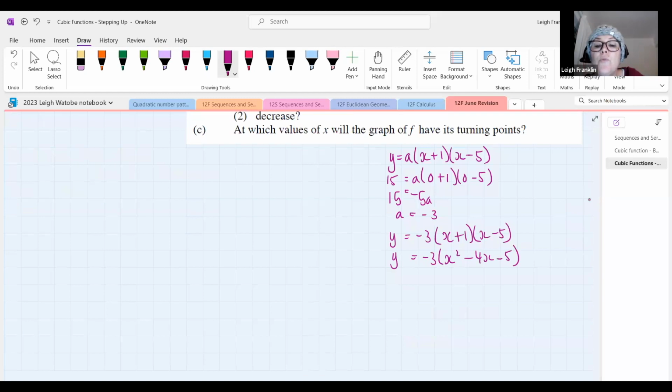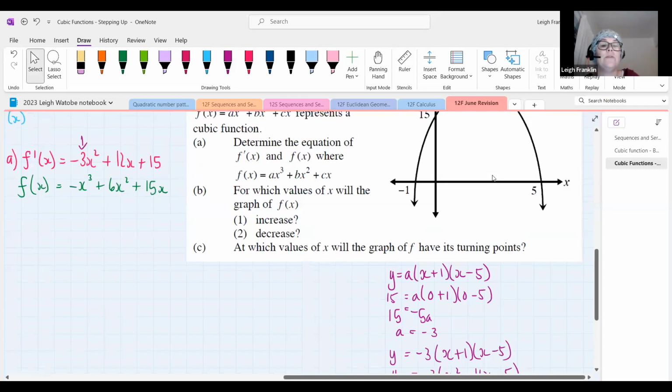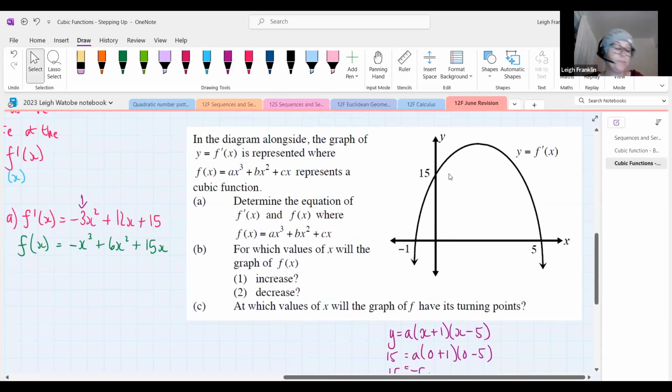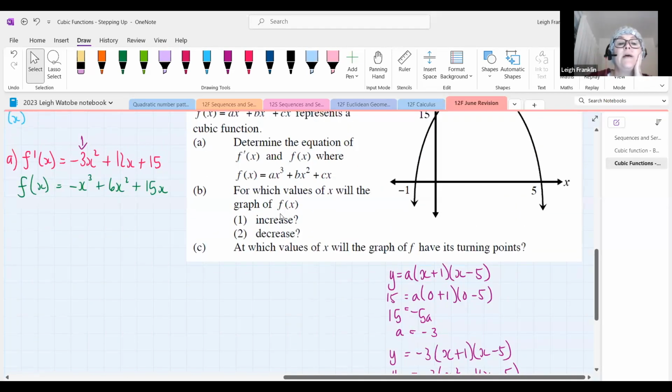And removing your brackets, you end up with negative 3x squared. That's where I got plus 12x plus 15. Okay, so that's where you can see it's the same as the pink one up there. Okay, Kapano. I'll just move down and show you that again. All right. If there are no questions, let's have a look at part B.